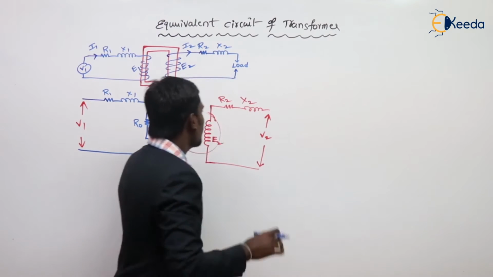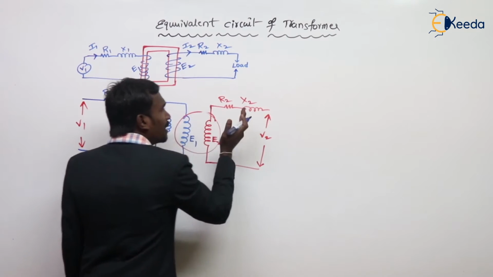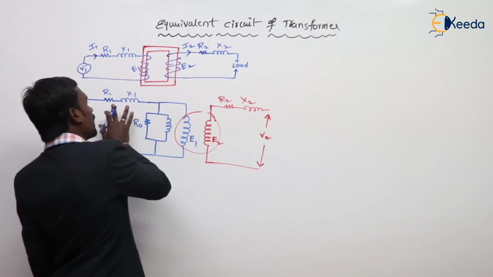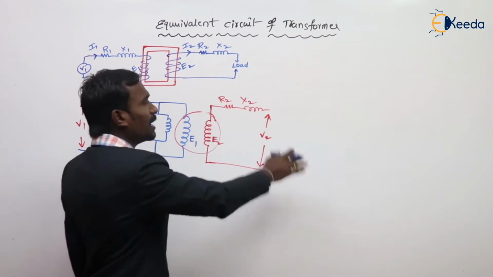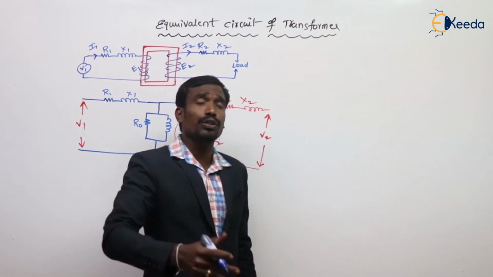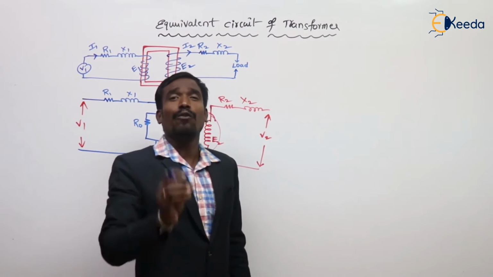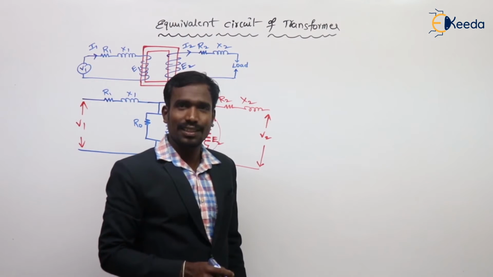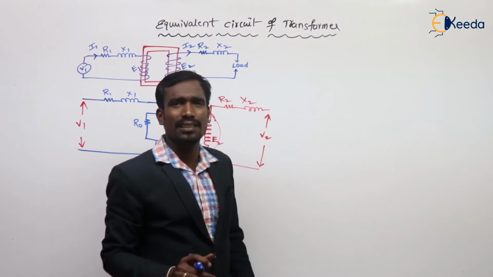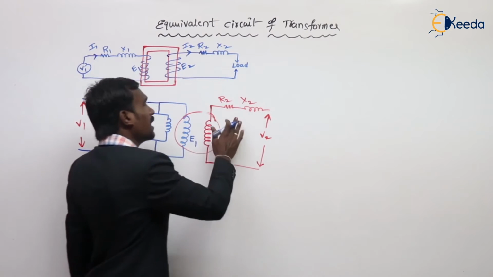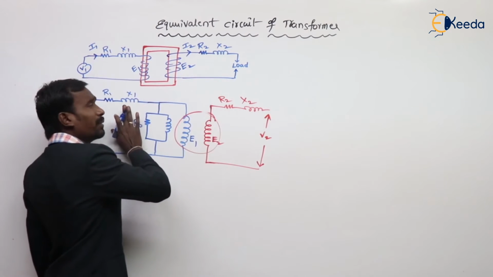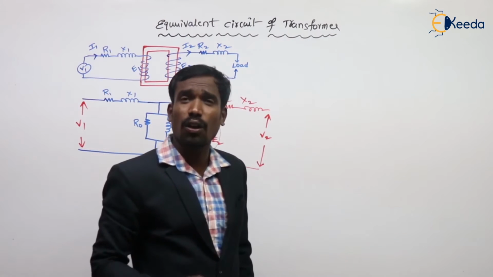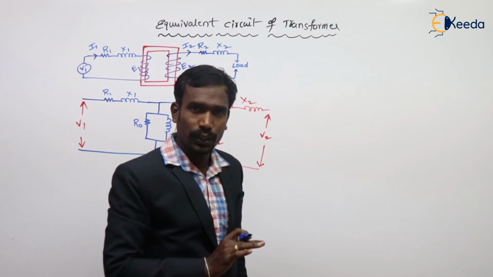Sir, why do we have to transfer those parameters? For easy calculations, just for easy analysis, we transfer the secondary parameters into the primary or the primary parameters into the secondary. The resultant circuitry is called the equivalent circuit.